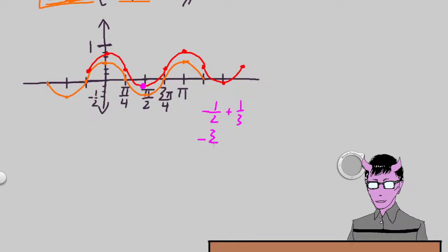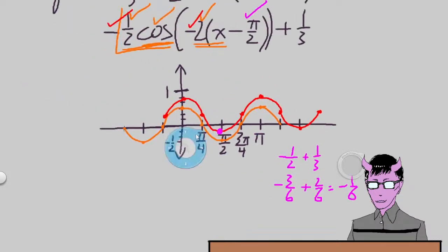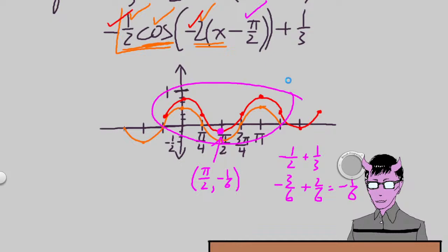So it's negative 3 over 6 plus 2 over 6, which takes us to negative 1/6. That's currently located at hash mark pi over 2. So that point is pi over 2, comma, negative 1/6. That's our predicted point from our red graphical hypothesis.